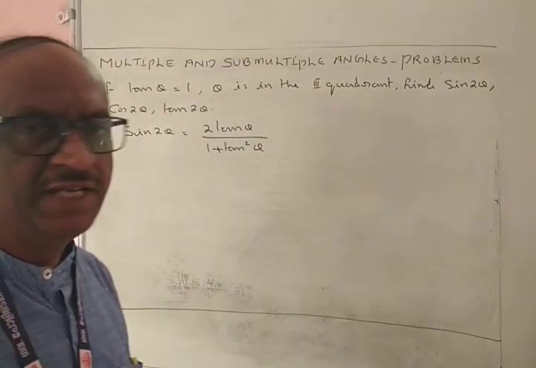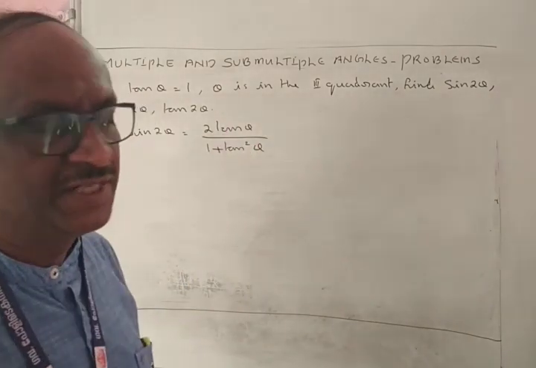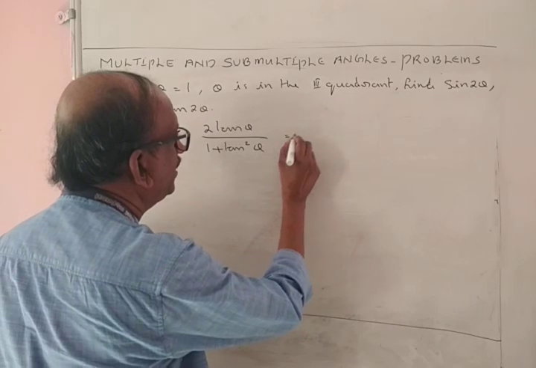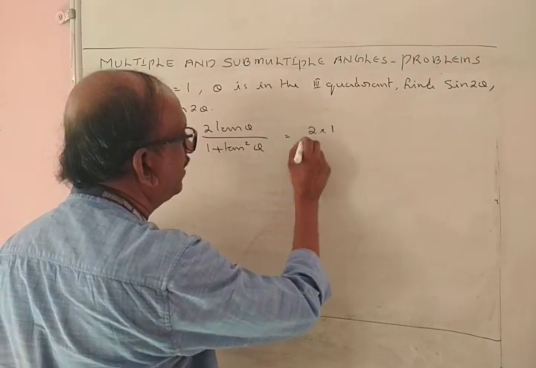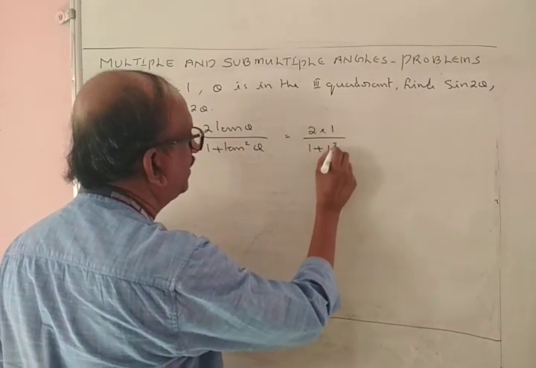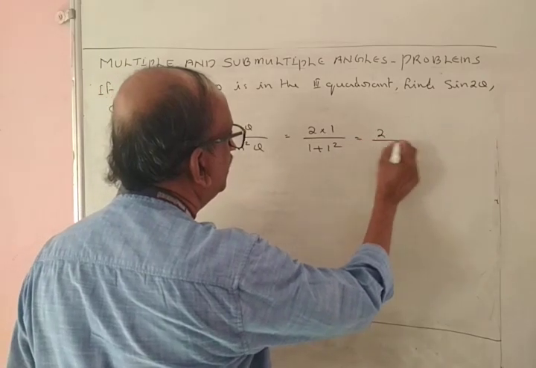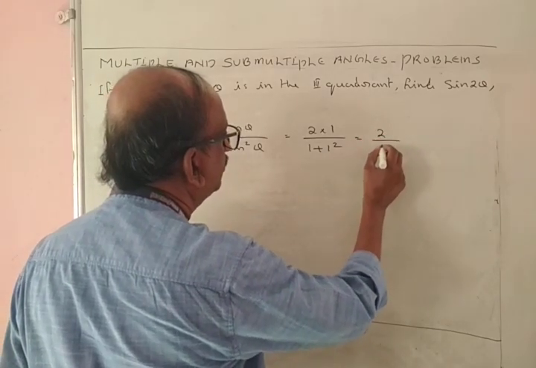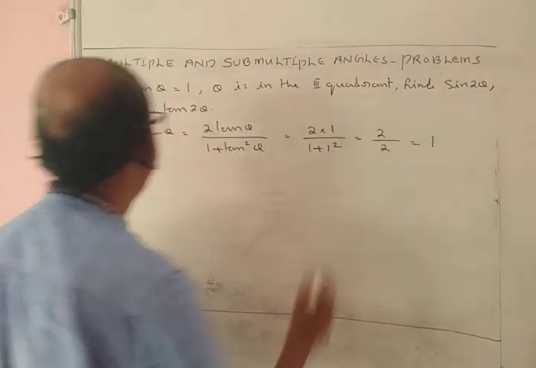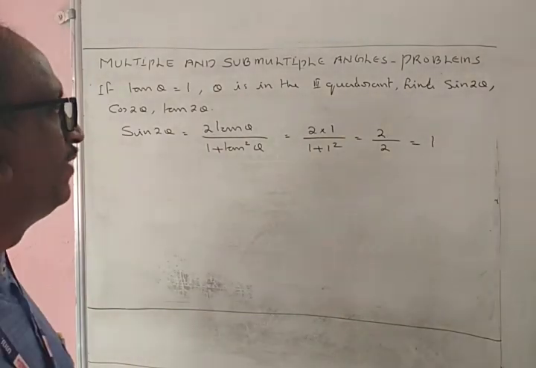Sin 2 theta is equal to 2 tan theta by 1 plus tan squared theta, which is 2 into 1 divided by 1 plus 1 square, 2 by 1 plus 1, 2 by 2, 1. Sin 2 theta is equal to 1.